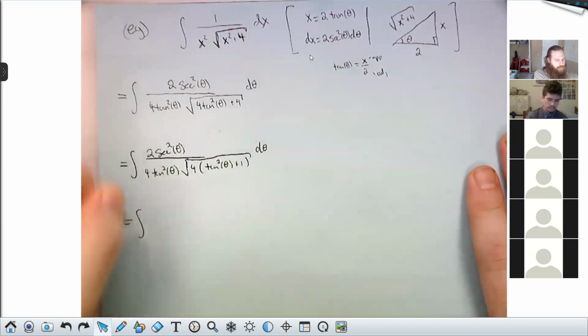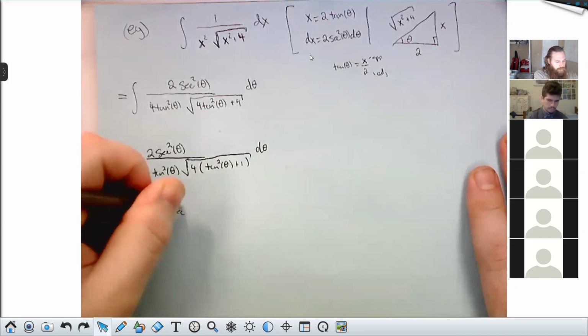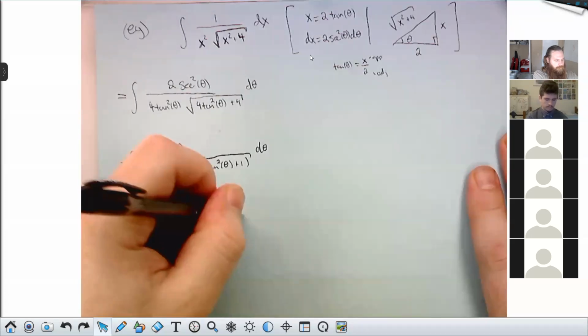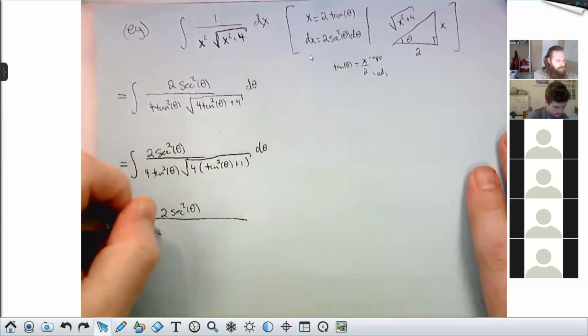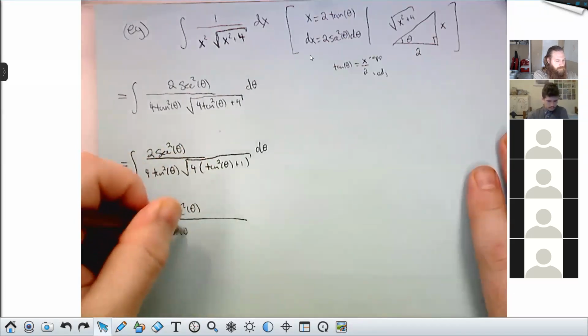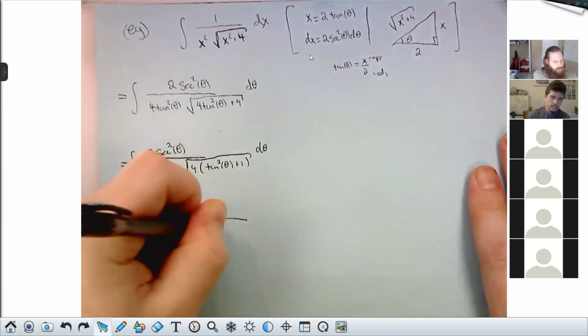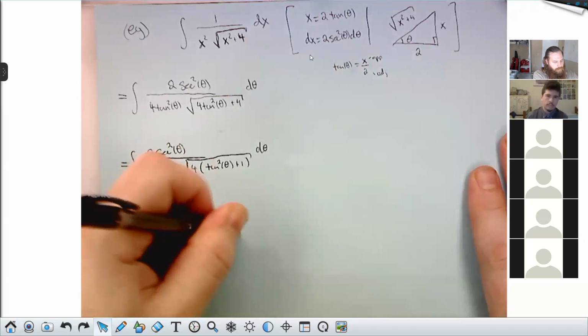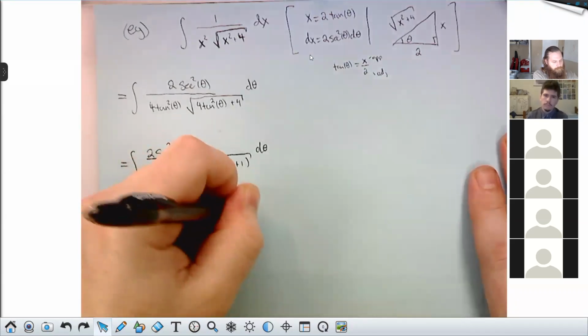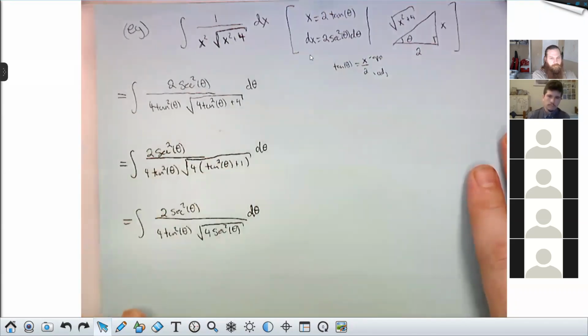So I'll have the integral of 2 secant squared theta over 4 tan squared theta times the square root of 4 secant squared theta d theta.